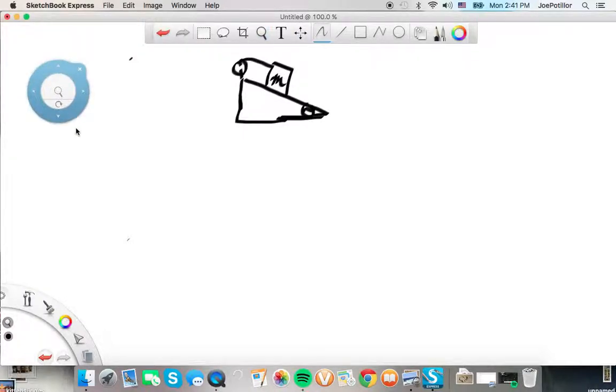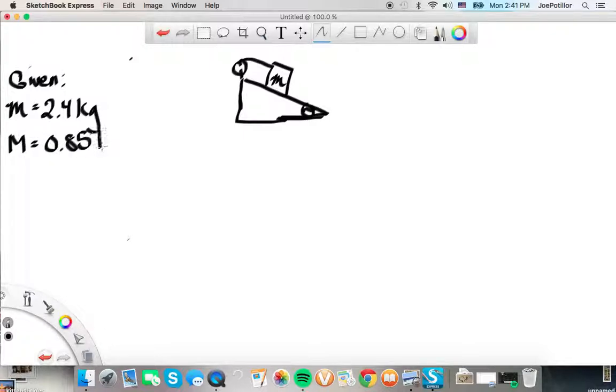And so we have given little m is equal to 2.4 kilograms, the mass of the drum, and the radius of the drum is 5 centimeters, or 0.05 meters.